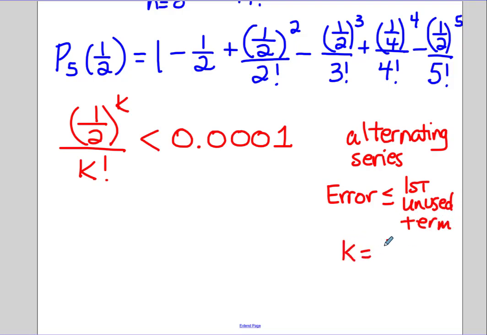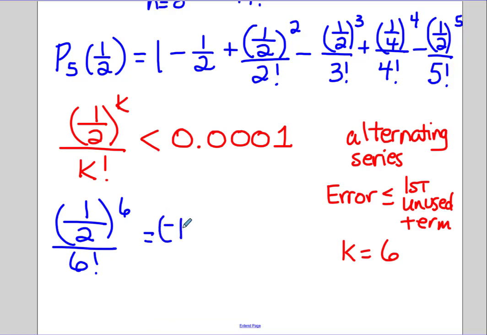So our k would be 6, and we can use p sub 5 at 1/2, and we could check that with the calculator in school, but we can't do that on the AP exam for verification. So if you checked it, the 6th term, 1/2 to the 6th power divided by 6 factorial would be, from our formula, -1 to the 6th, so that would be positive.